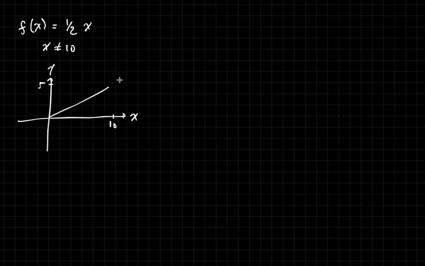So when we have a function that is undefined at a point, for example here, where, if you want to say f of 10, the answer would be undefined. There is no value. So here, instead of drawing a dot, what we do is we just draw an open circle. This represents that there is no value here.